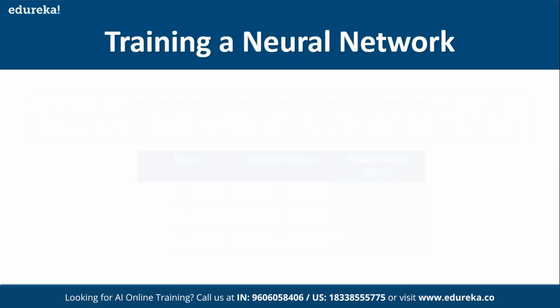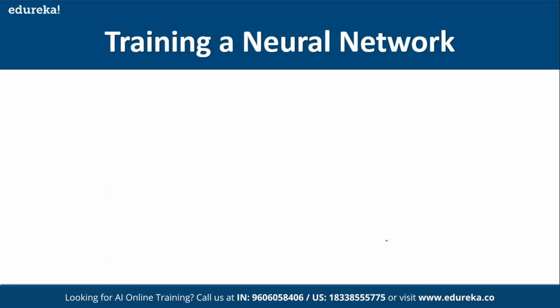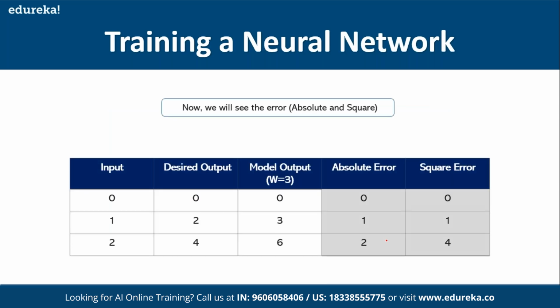Now, to train a neural network, first we give a starting weight. I give a weight w equal to 3. With this weight I multiply my input: 3 into 0 is 0, 3 into 1 is 3, 3 into 2 is 6. Therefore my first model output with weight 3 is 0, 3 and 6. For this I calculate my absolute error and squared error.